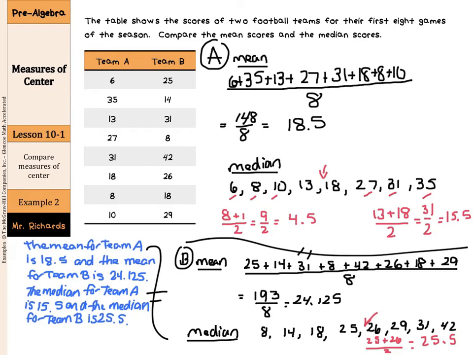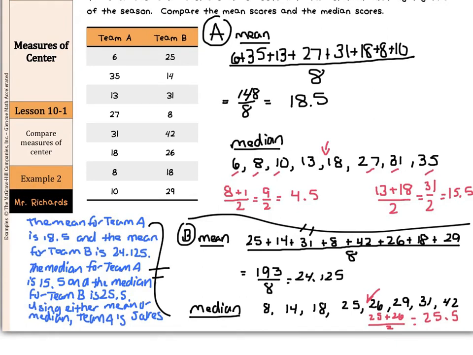So we can conclude by writing, using either mean or median, team A scores are less than team B's scores.